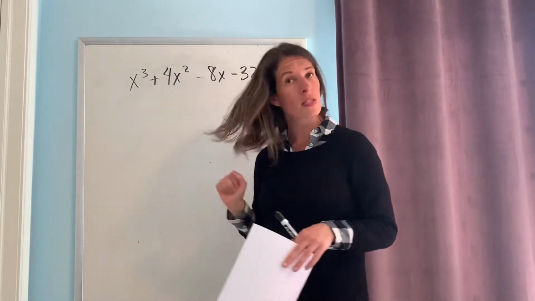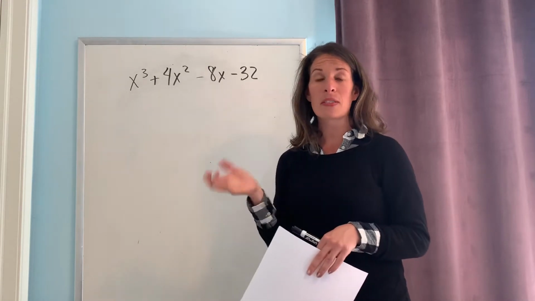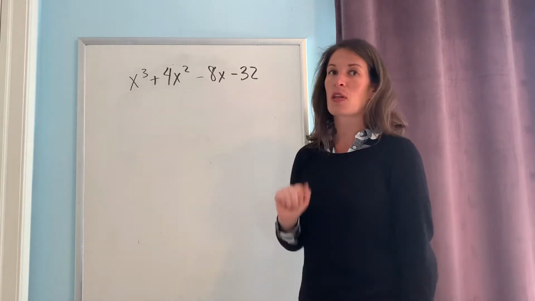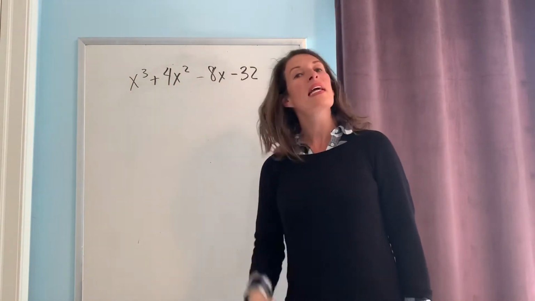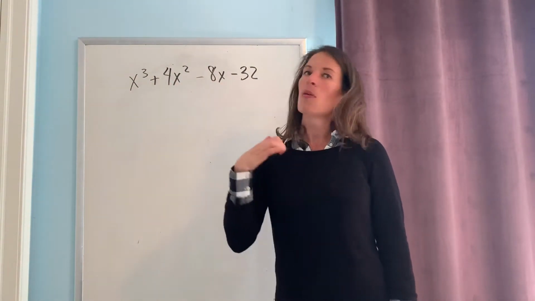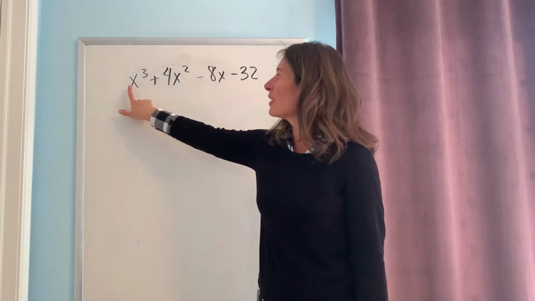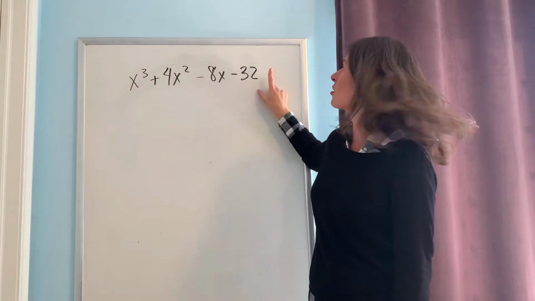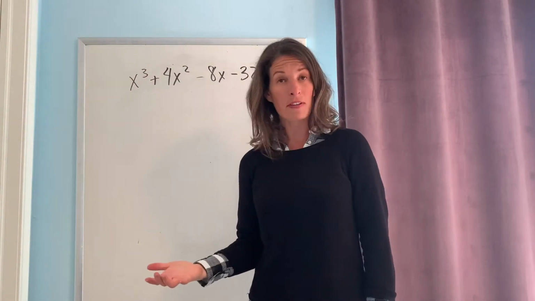So 4 terms, I would have to have the same number or be able to take out a variable in each term. So let's look at numbers first. I have 1, 4, 8, and 32. 1 is a prime number, which means that I can't take any number out. Variables, I do not have an x in every single term because the 32 does not have an x, which means that I cannot greatest common factor this.